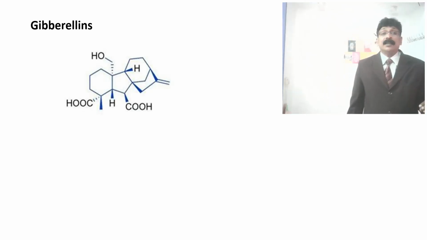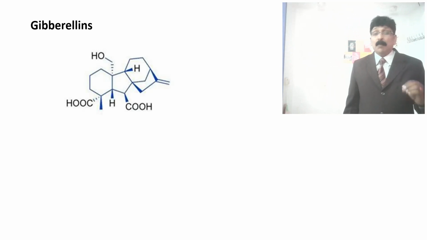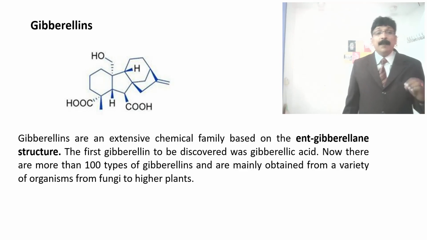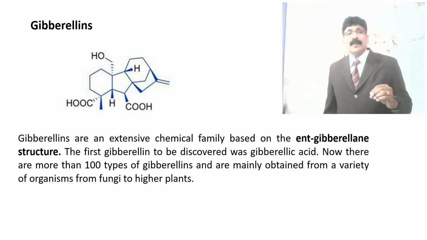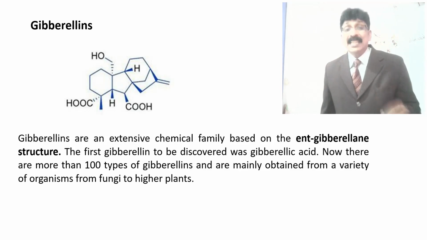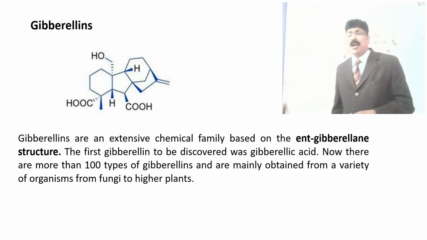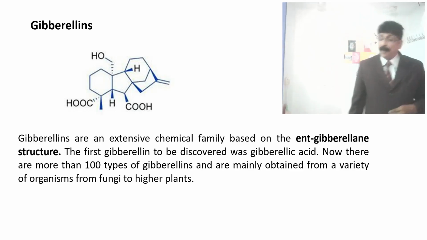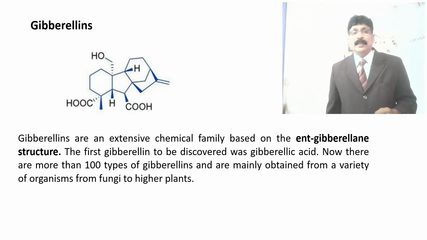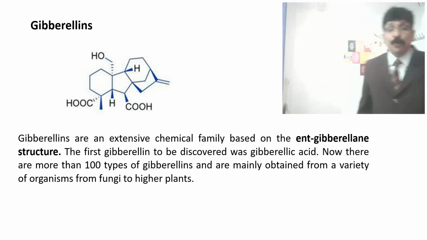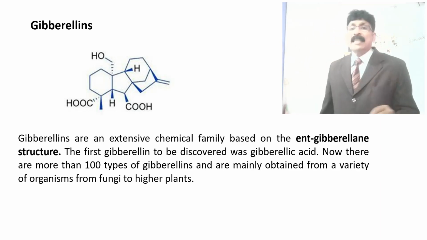Gibberellins are very important. This is the basic structure of gibberellic acid. It has a dicarboxylic acid group and an OH group. Gibberellins are an extensive chemical family based on an ent-gibberellane structure. The first gibberellin to be discovered was gibberellic acid.